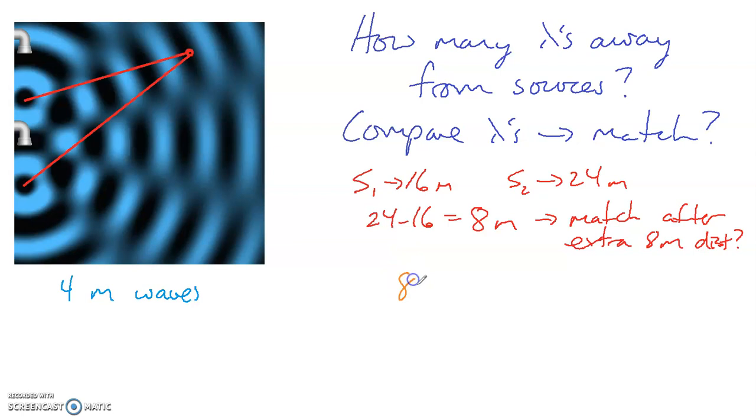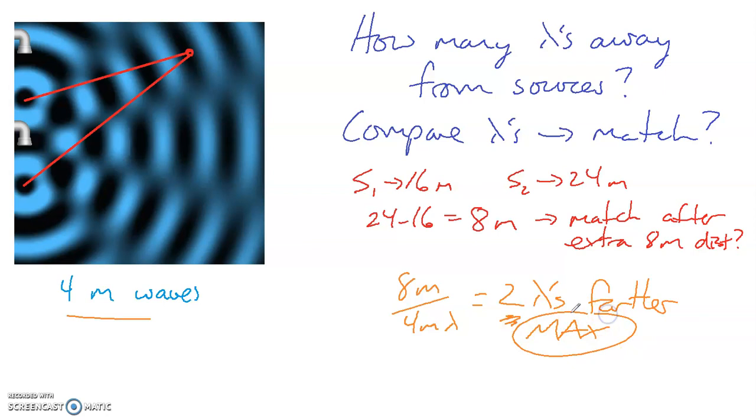If I take that 8 meters and divide it by the 4 meter wavelength, I can find out that it's actually 2 wavelengths farther. If it's exactly 2 wavelengths farther, it's going to perfectly match up, and that's why that's going to be a maximum. It's going to be perfectly synchronized. The crest is going to move an extra 2 crests along and still be perfectly synchronized. So this is going to be perfect. This is exactly 2. That's going to be a maximum.